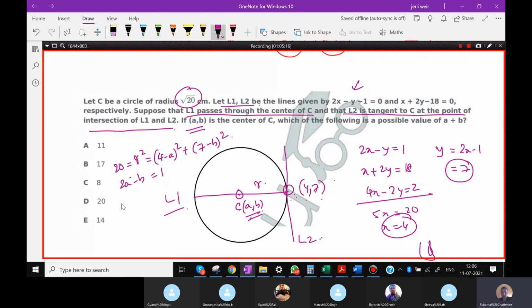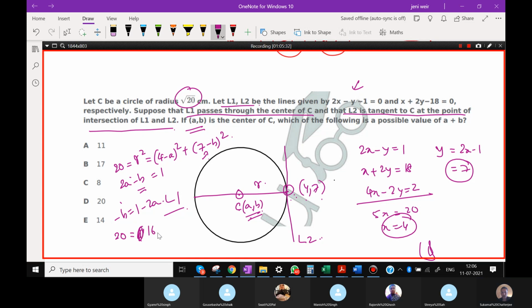So that means minus b will be equal to 1 minus 2a. So I put this here, I will get 20 equals 4 minus a whole square.